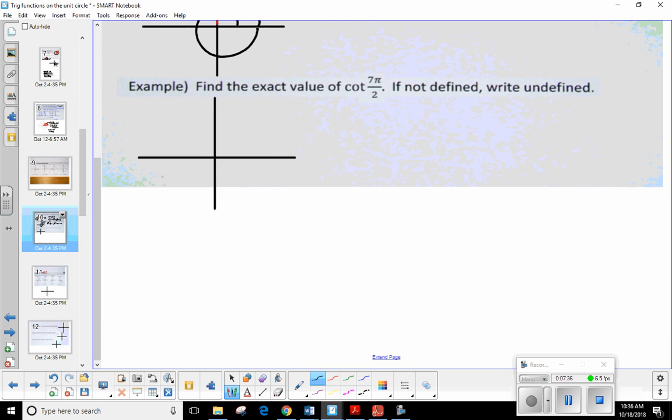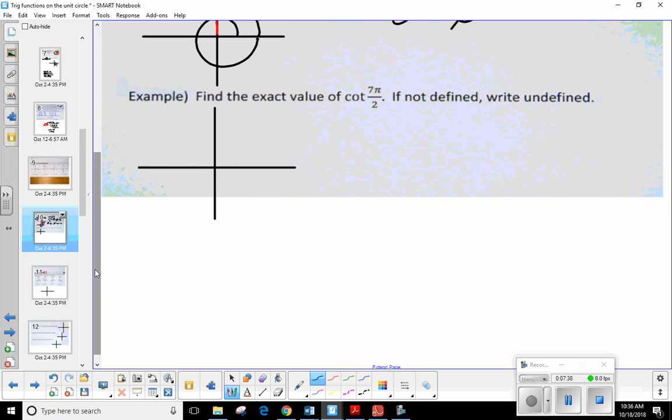Let's try this. Now this one is given to me in radians. Does not matter. So the first thing I need to do is find out where 7 pi over 2 radians is. Now if it's an improper fraction, we talked about rewriting it as a mixed number. What would that be? 3 and 1/2 pi, right? Okay, so let's see here. We start at 0 radians. We got pi over 2, pi, 3 pi over 2, and then 2 pi.